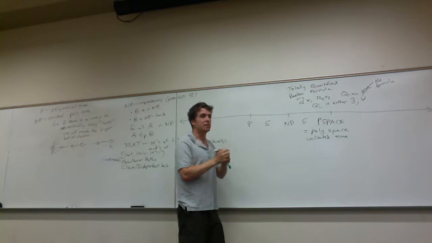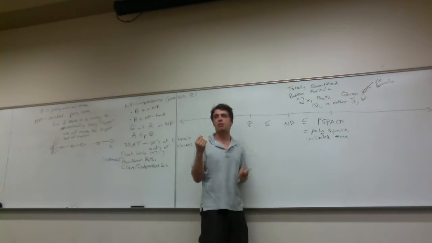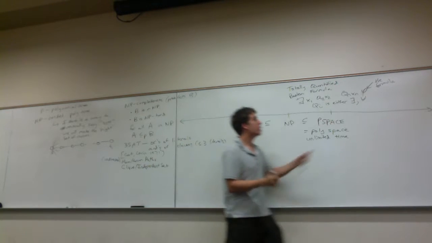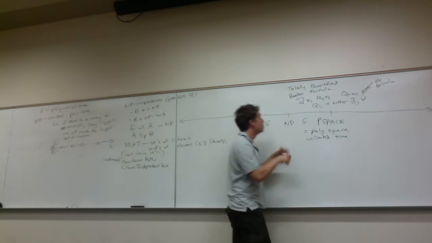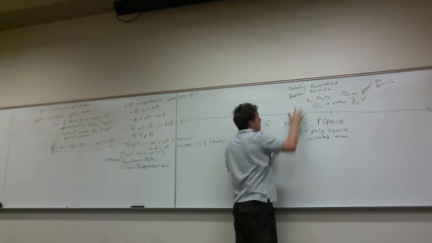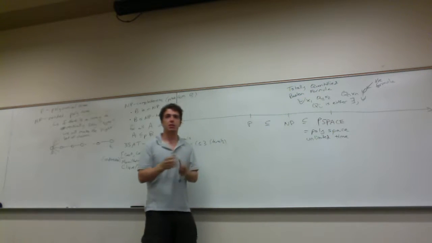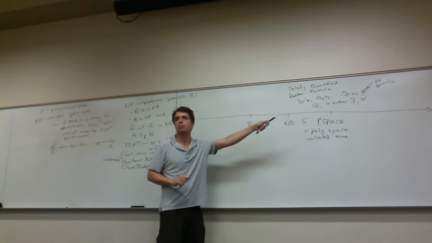Exists means that there is some setting of x1, either 0 or 1, that I can choose to make phi true. There is some choice. But let's say it was for all instead. In that case, every single choice that I can make for x1 has to make it true.